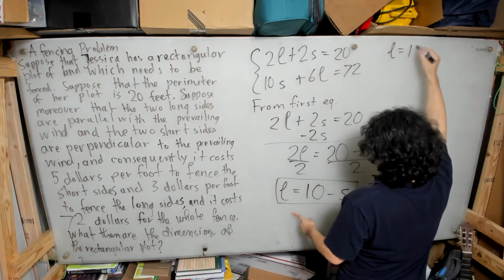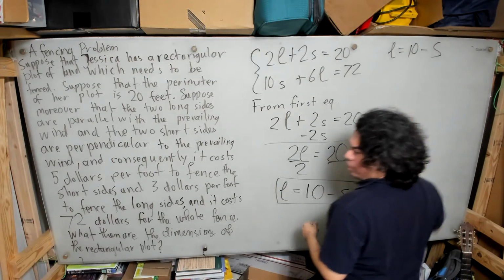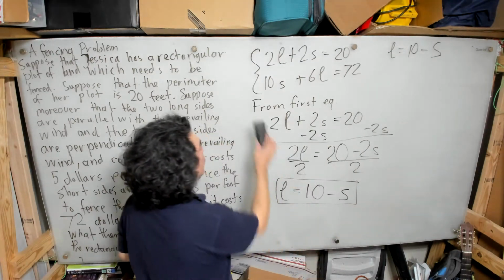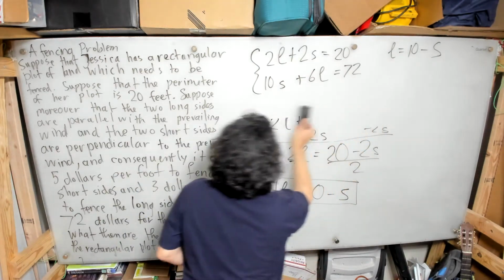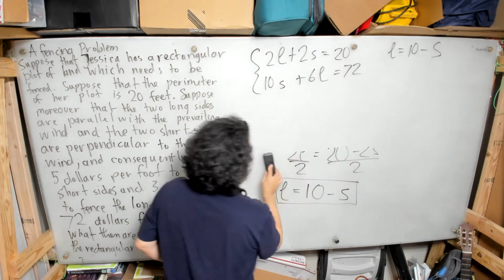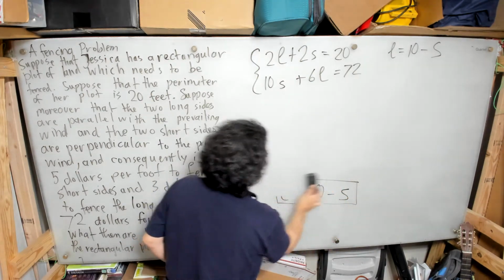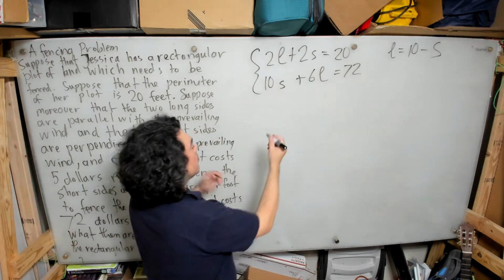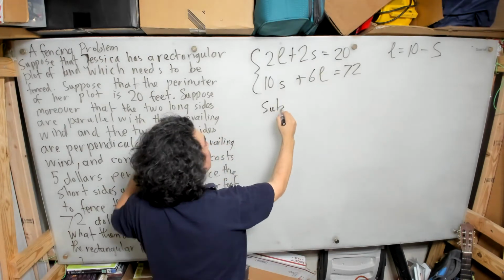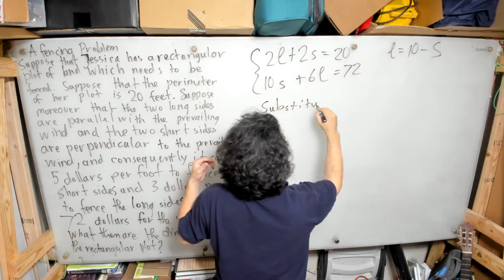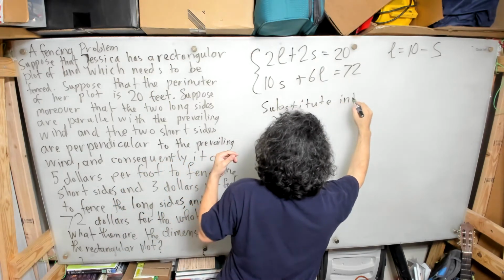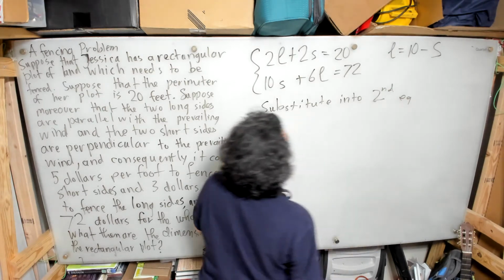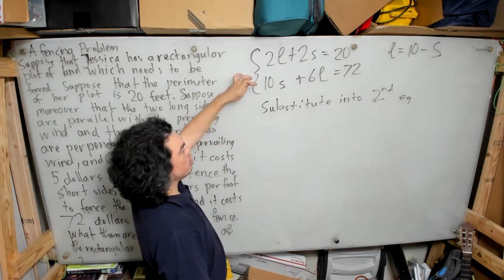So L equals 10 minus S. Now let us substitute into the second equation, this one here.